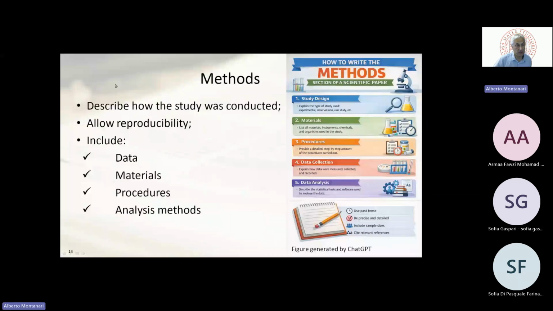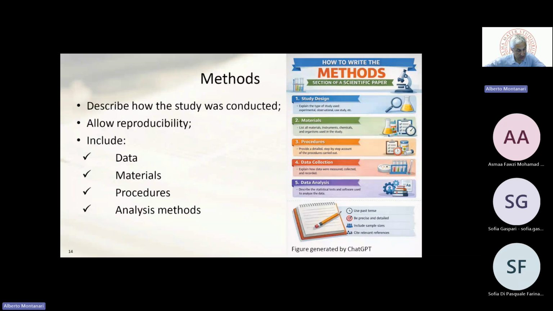Now, methods. First, let me say once again that not all the journals want the methods explained before the results. Some journals want the results first and then the methods. Anyway, independent of the position in the paper, you have a methods section.